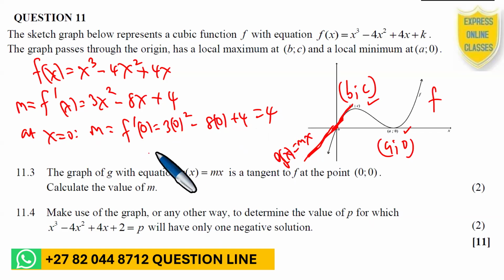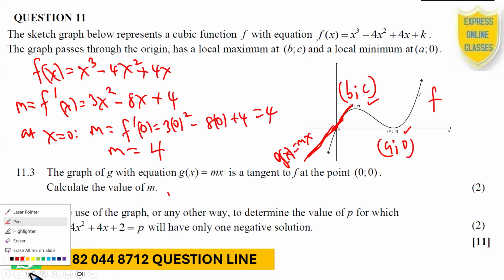Therefore m is 4. That is the answer exactly, m equals 4.